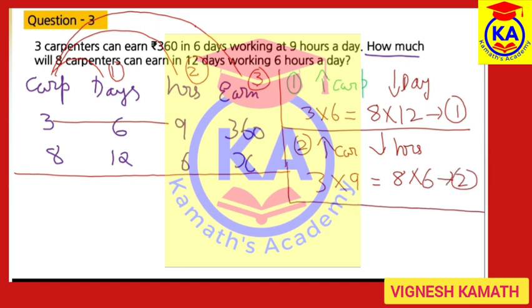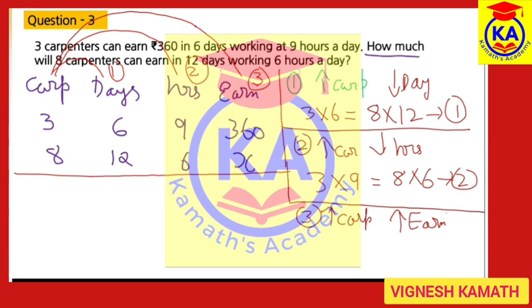Now we'll see the third case. We are going to compare carpenters and earnings. If you employ more carpenters, you have to pay them more, so the earnings will be more. More the carpenters, more the earnings.